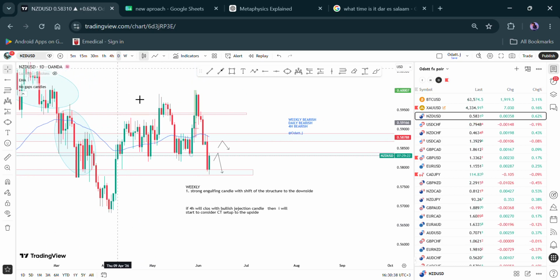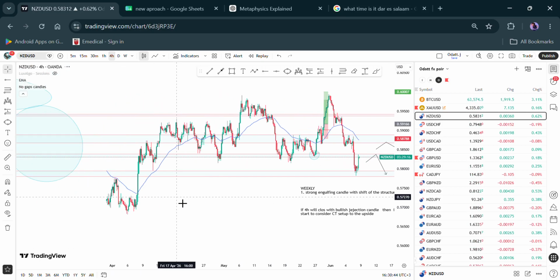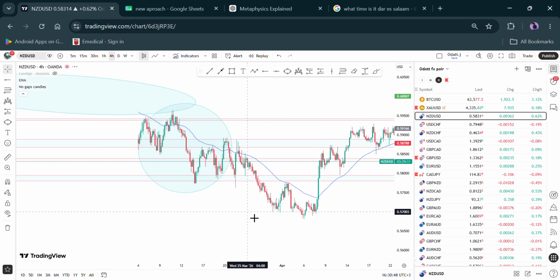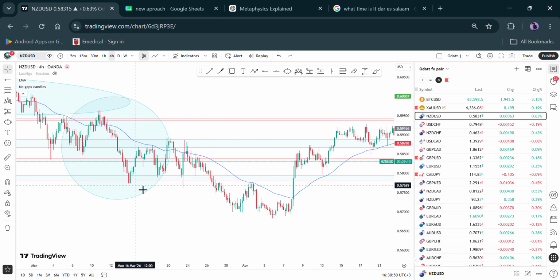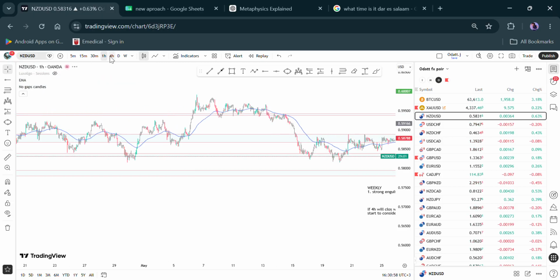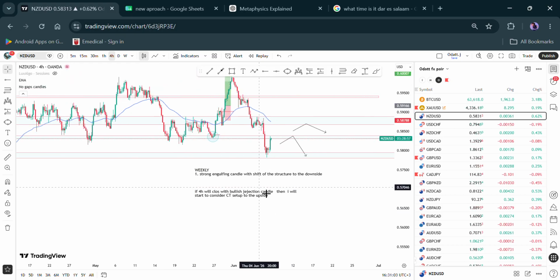On the 4H time frame, I was looking to see if price will provide me something like a bullish rejection candle like here. Whenever price comes to a rejection candlestick, it went to the downside.